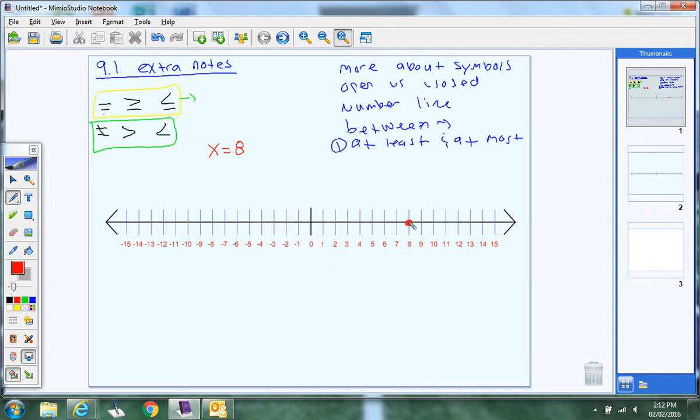Okay, so now let's go ahead and change this. And we're going to go to x greater than or equal to 8. Still has equal to, so I still keep the solid dot. And it's greater than, so I'm going to the right. I want all numbers bigger than 8. Okay, this is where it's an inequality. This is where I have a group of answers. Okay, now let's do the last one here.